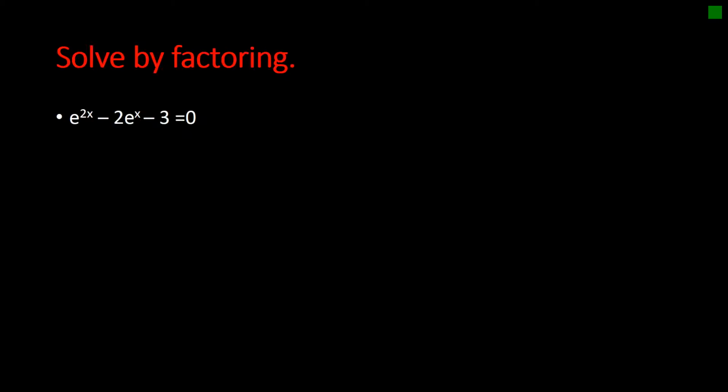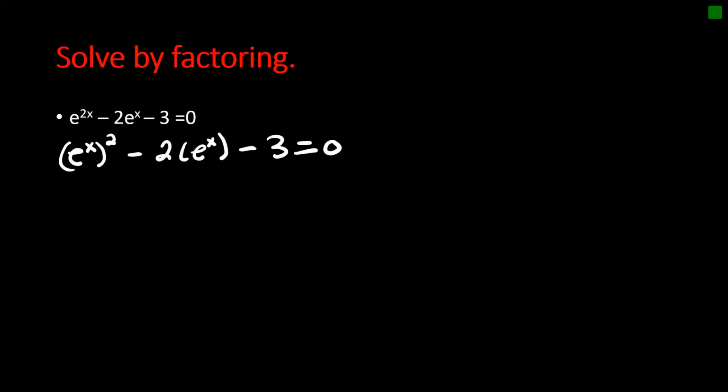So our next problem we're going to solve by factoring. e^(2x) minus 2e^x minus 3 equals 0. You can think about this as (e^x) squared minus 2 times e^x minus 3 equals 0.